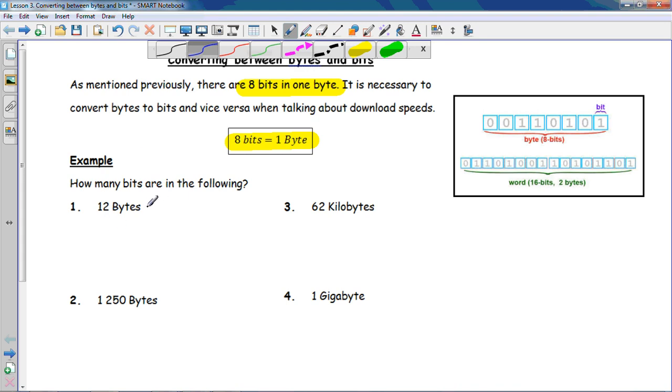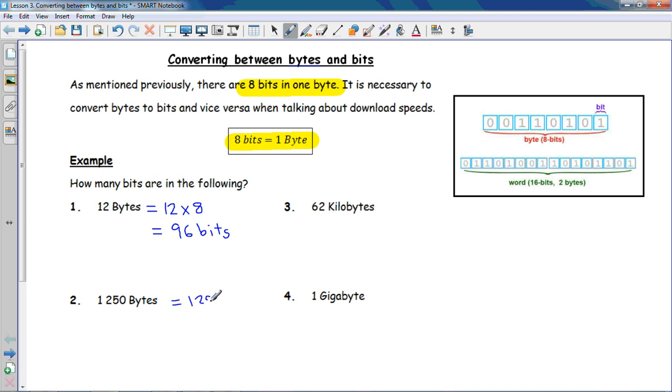All we're doing is multiplying by 8. So 12 bytes by 8 to determine how many bits. Remember, bits, b, is a lowercase. So it's 96 bits, lowercase b. I'll write bits this time, but it's a lowercase b. Similarly, 1250 bytes.